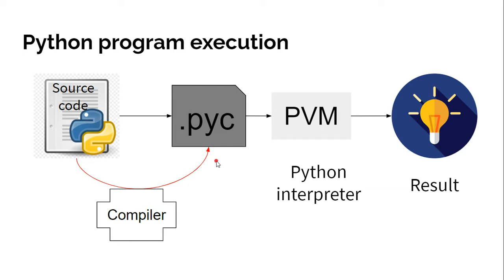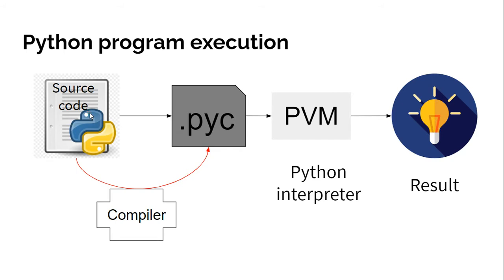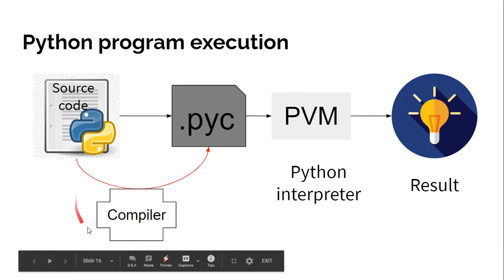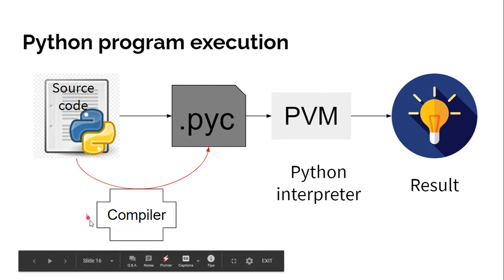I want to mention one more thing: when you write source code, if there is any syntax error, then it will not be compiled into bytecode. The compiler will give you an error. If an error gets displayed in the process of compilation, it is called a compile time error.